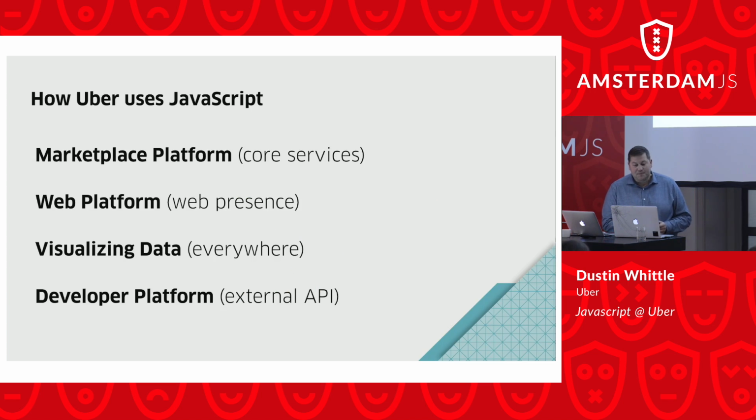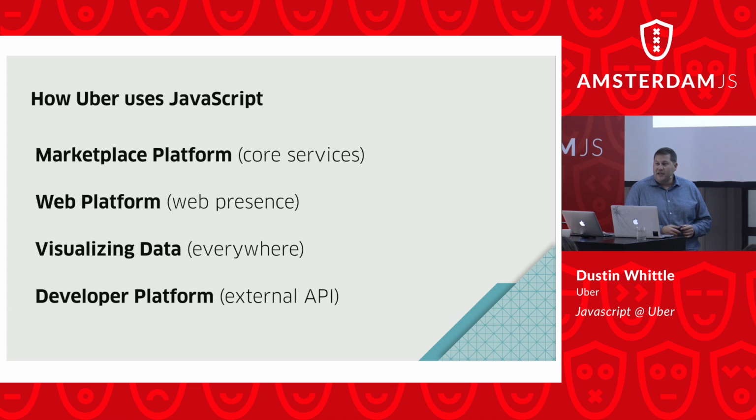Let's talk about four different ways that Uber is using JavaScript today. One, our marketplace platform. Marketplace platform is what we call our dispatch service. This is really the brain of Uber. It matches supply to demand and determines how a car gets to you and how you get to your destination. Two, our web platform. Our entire web presence is based on Node.js on the back end and React on the front end.